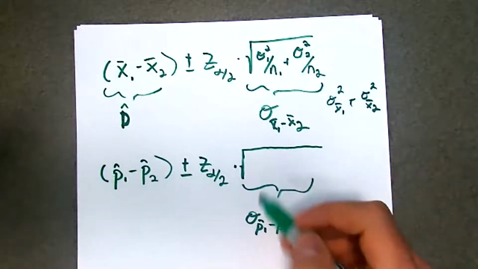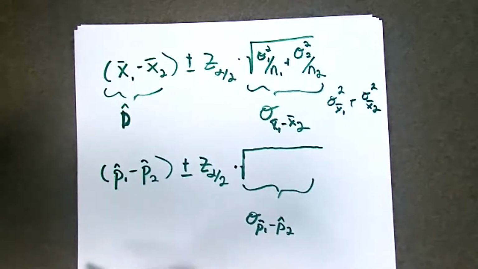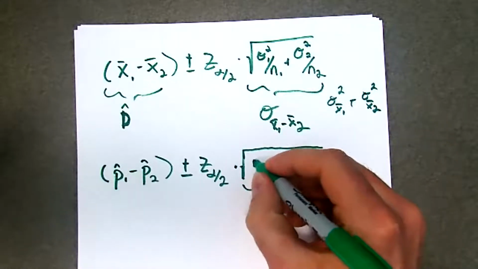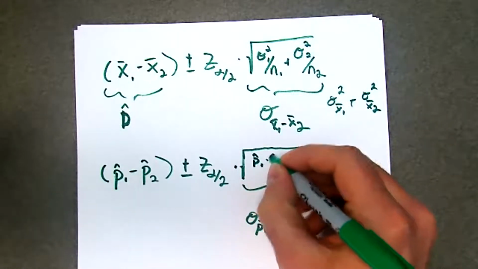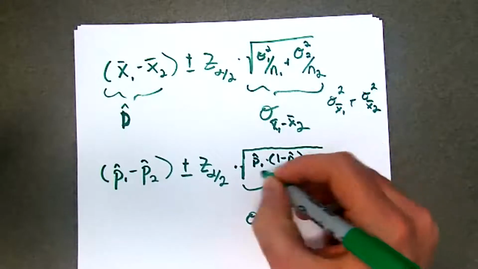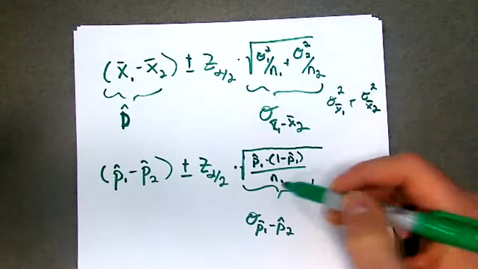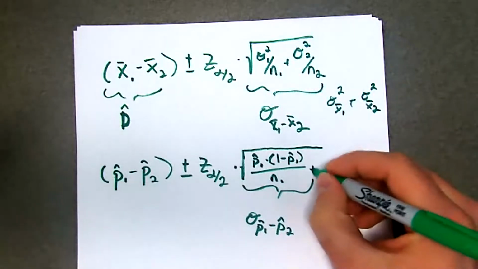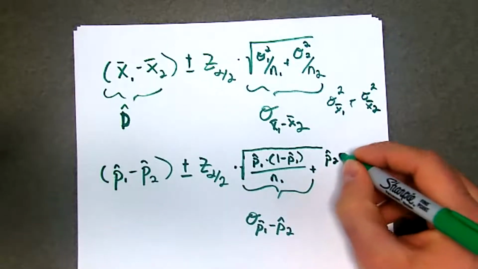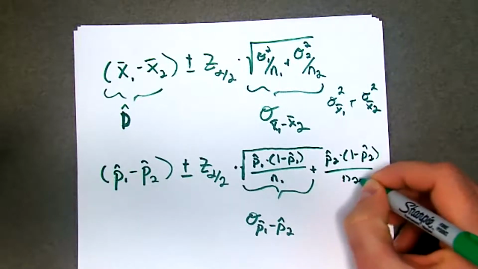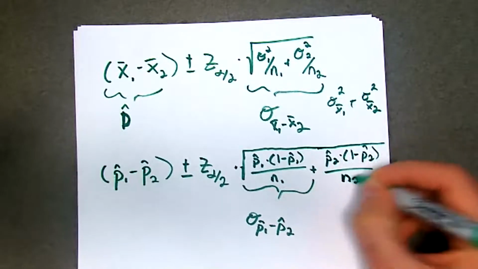So I'm going to do the exact same thing here. But when I'm dealing with a proportion, I don't have a given population variance, but I know it's going to be that sample proportion times 1 minus that sample proportion. And then if I'm looking at the sample, I have to divide by my sample size. And I'll add both groups' variances together, right, underneath this square root.